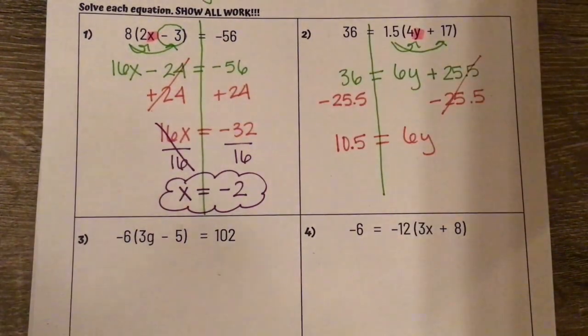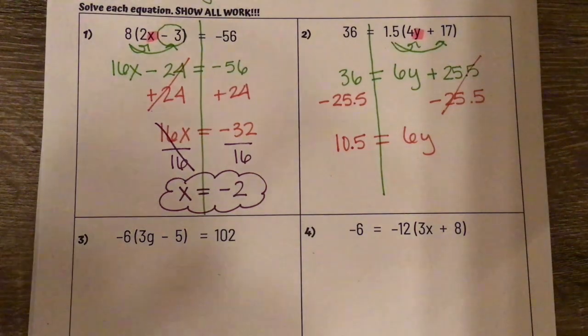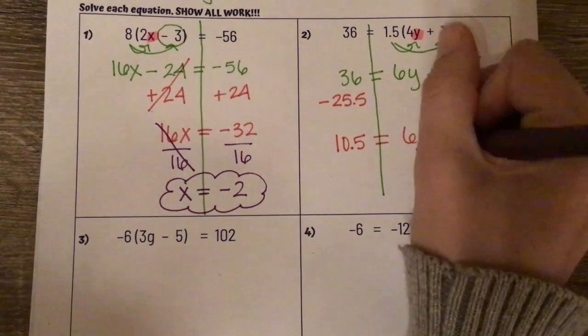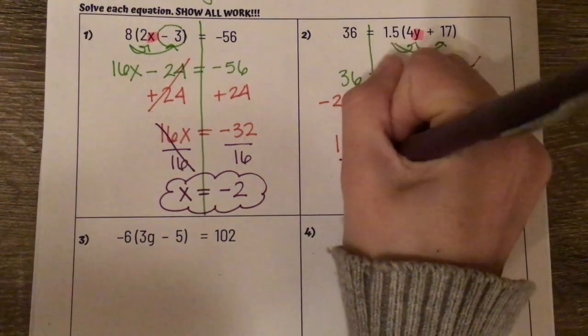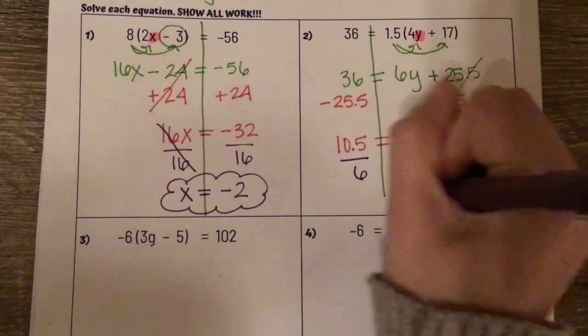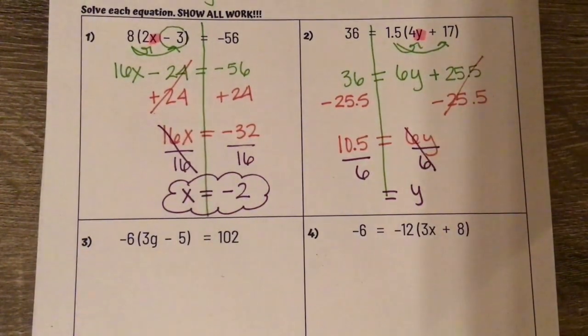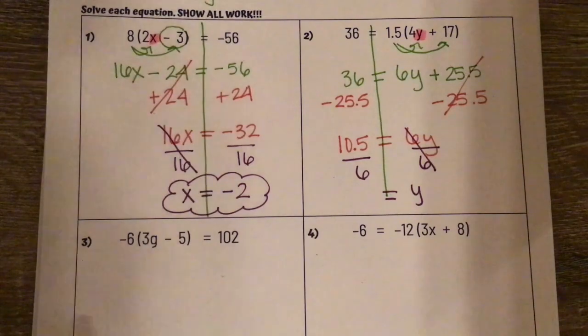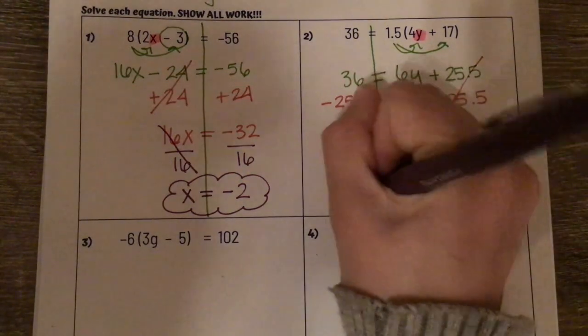And then our last step, our y is being multiplied by 6, so we're going to divide each side by 6. It cancels out on the side with the variable. We're left with 10.5 divided by 6 is 1.75.